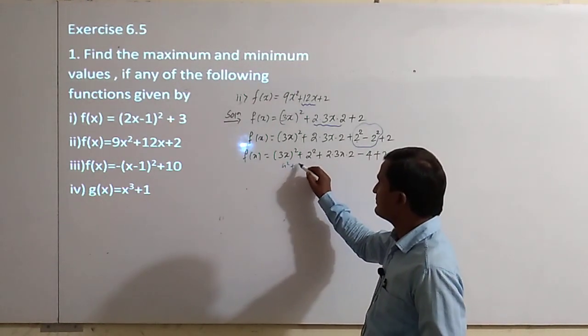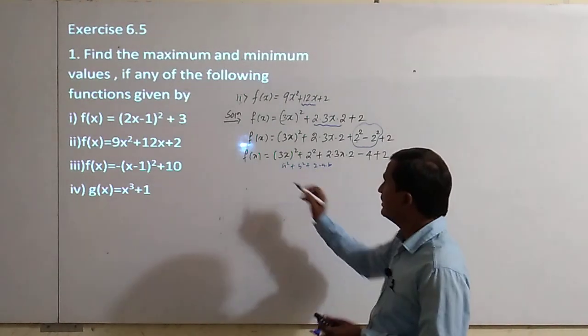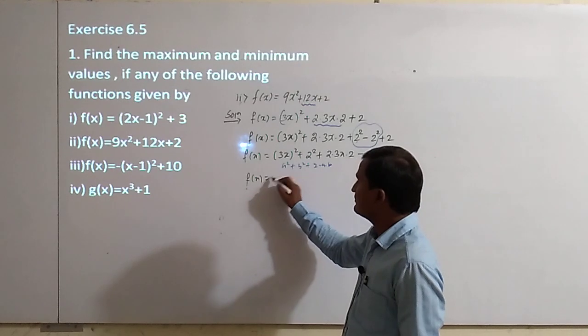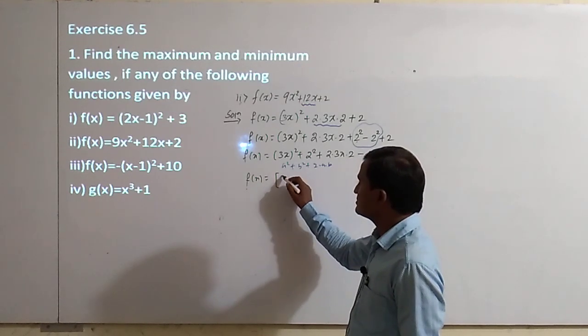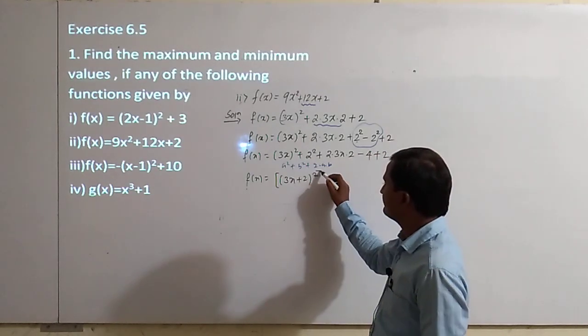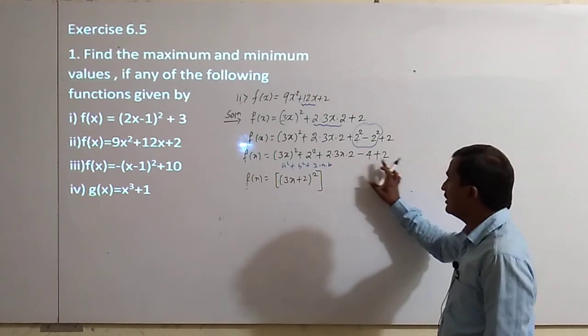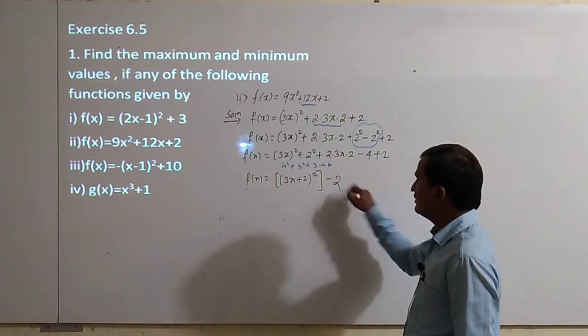So it is a square plus b square plus 2ab. So what is the formula? So therefore f of x is equal to, we will write like this: 3x plus 2 whole square. I apply the formula up to this, and here it is minus 4 plus 2, so the answer is minus 2.